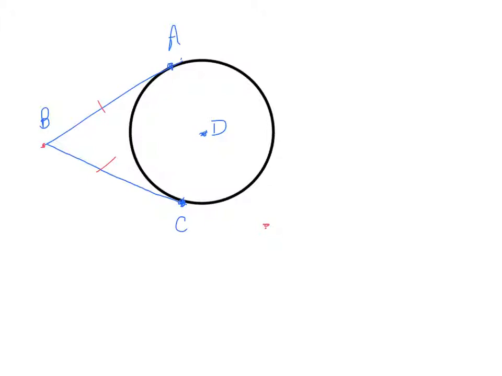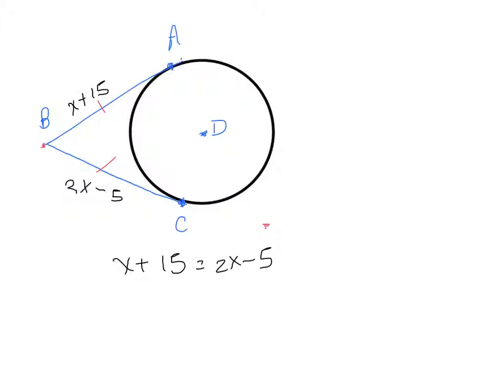All right, so we can actually do a quick example with this. Let's say this is x plus 15, and let's say this is 2x minus 5. Even if we didn't have these hash marks telling us that these are equal, we would know because of the theorem we just spoke about. So in order to figure out what x is, we would say x plus 15 is equal to 2x minus 5.